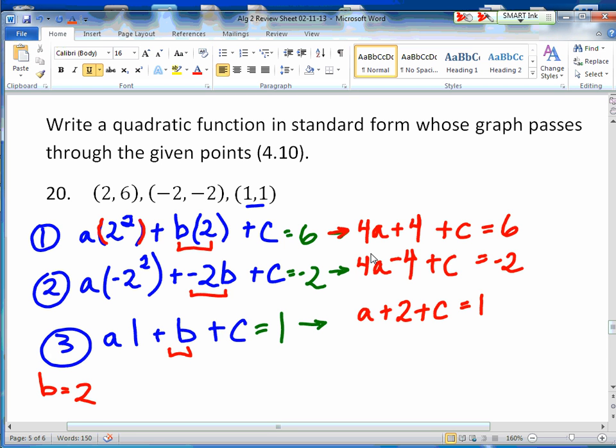Okay, so we're looking to get another variable alone. So let's aim to get a alone by combining the last two equations.